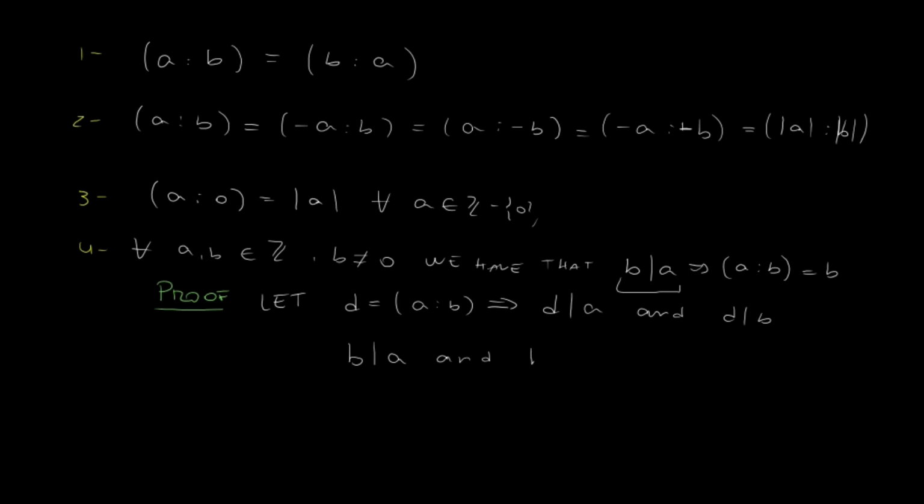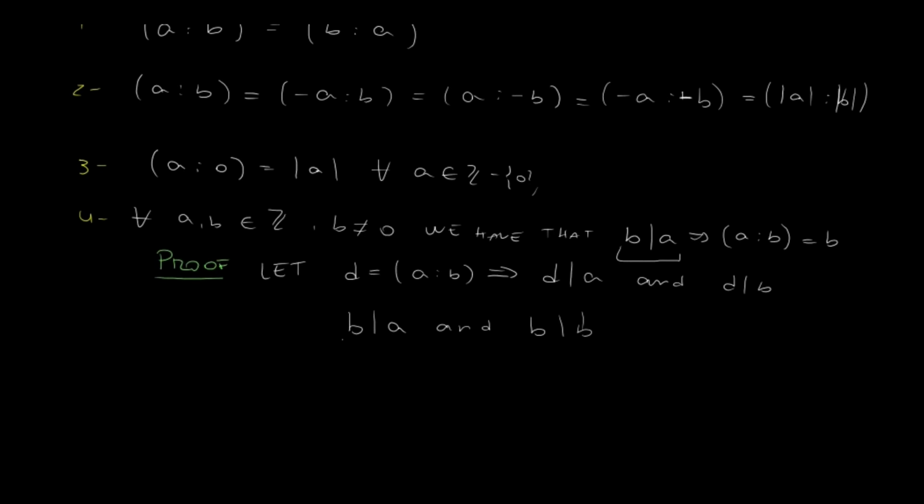We also know that b divides b. So we have another number, b, that is different to our greatest common divisor, d. Then, using the definition, b is smaller than or equal to d.